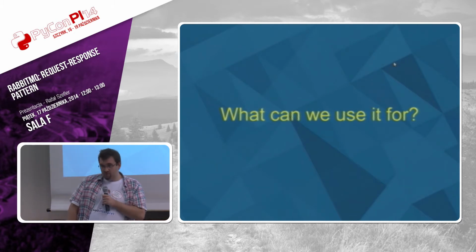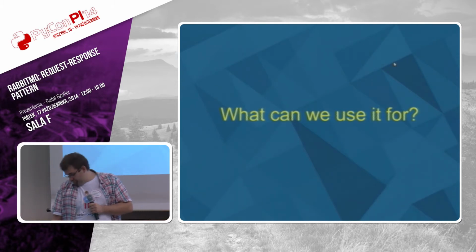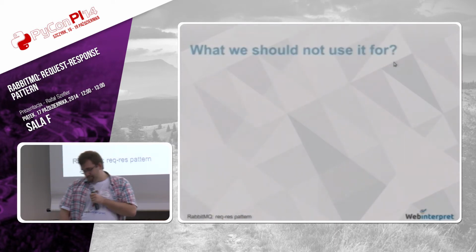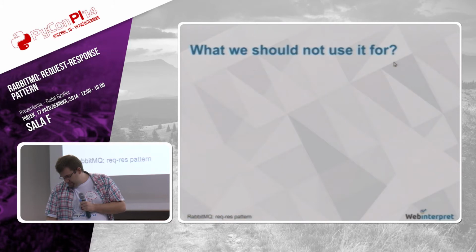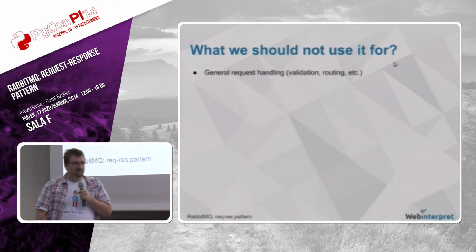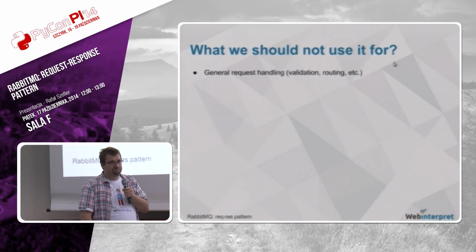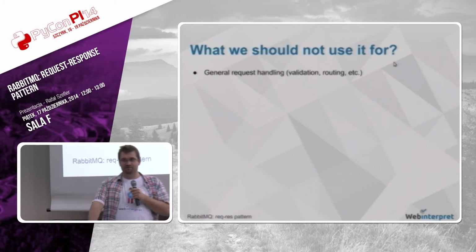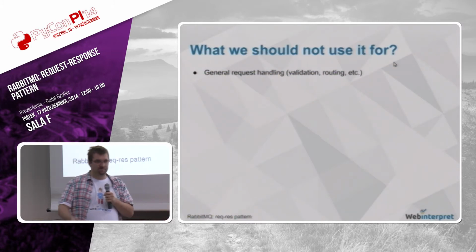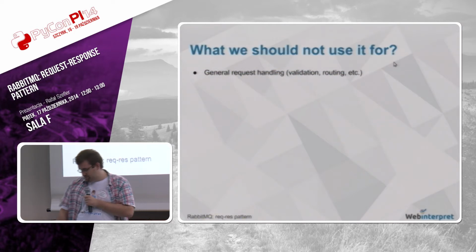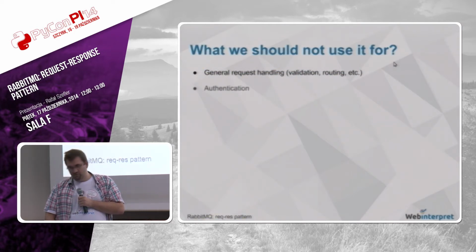So, what can we use it for? Let's start with what we should not use it for. General request handling. We don't want to send every possible request to RabbitMQ and for some worker to handle it. It's a huge, unnecessary overhead. Authentication.